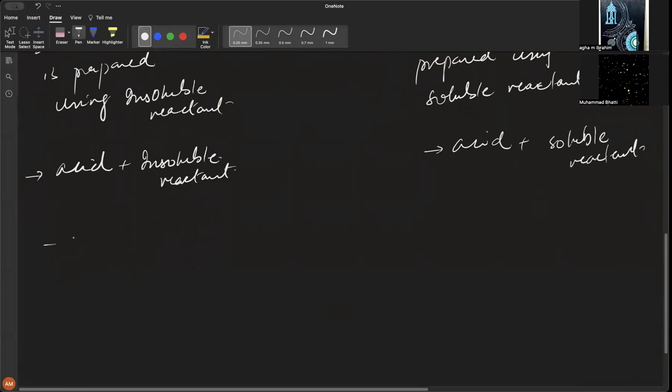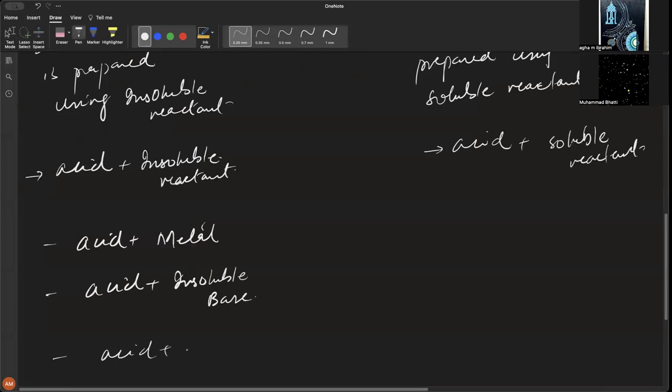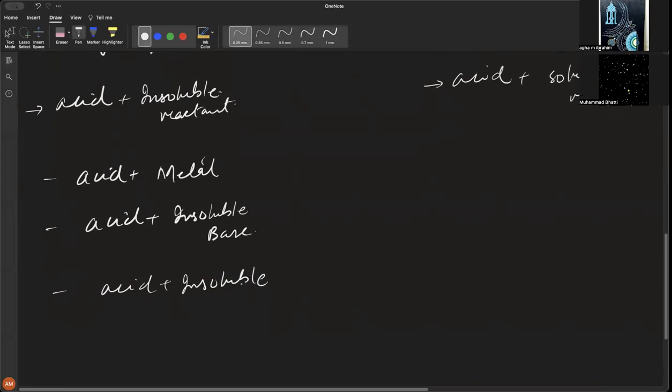This involves acid plus metal reaction, acid plus insoluble base, and acid plus insoluble carbonates. We'll write about each of these in detail, don't worry.